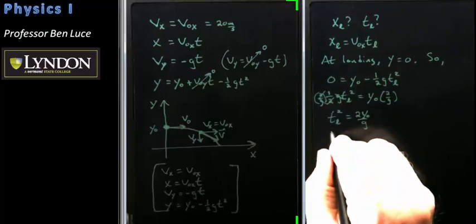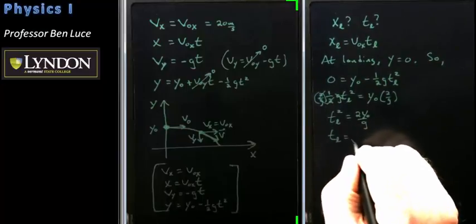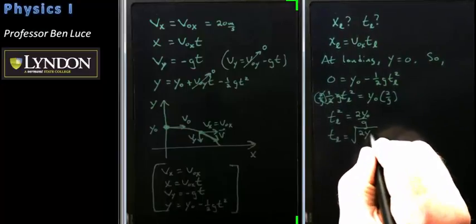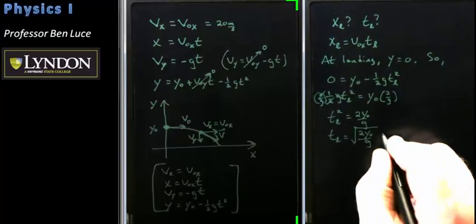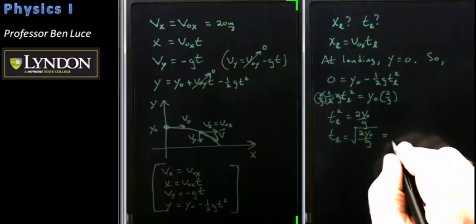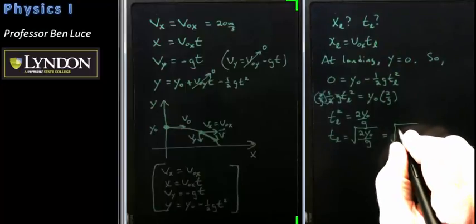And then finally, that TL is equal to the square root of 2y0 over g. And now we can actually compute the time of flight, or the landing time.